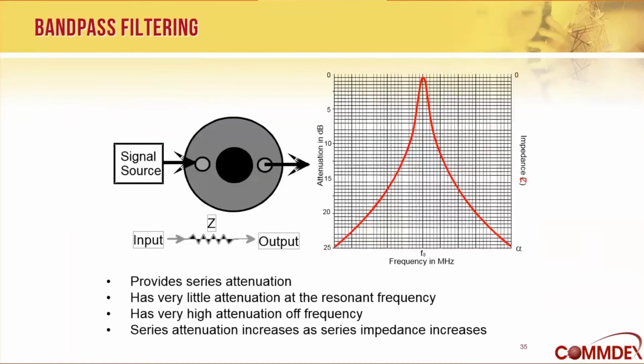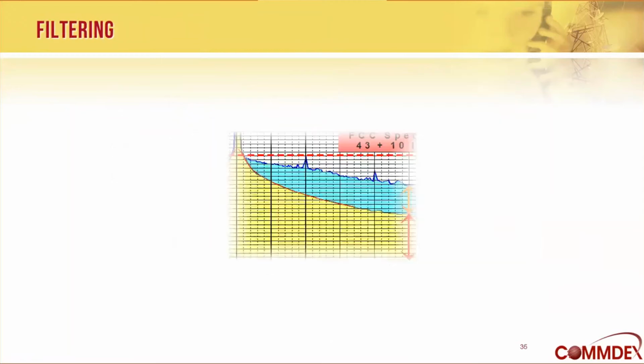And to review our section on filters, here again is the characteristic curve of a good sharp bandpass filter, and it passes the frequency that we want and it attenuates everything else.